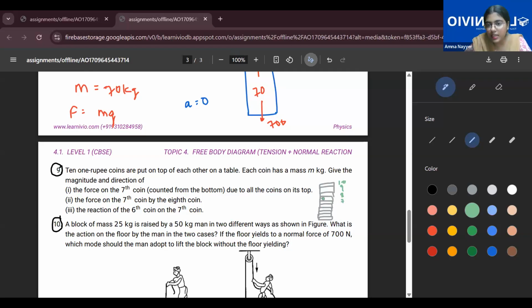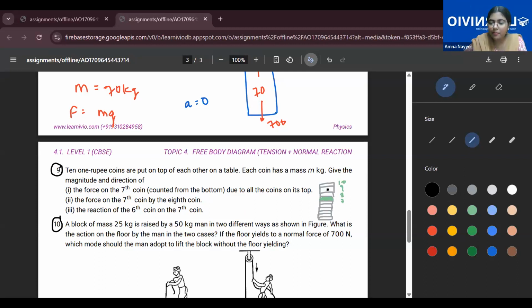So which is our seventh? This is basically the seventh coin. It says the force on this due to all the coins on its top. So how many coins are on its top? 3 coins are there. So the total mass that will be held will be all the masses due to each of them.